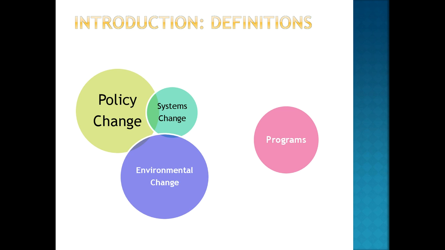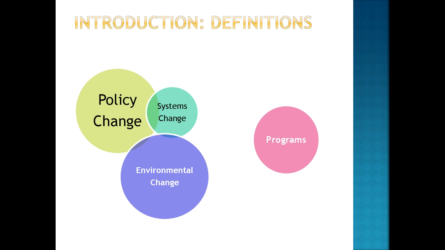Programs are events, classes, direct education, or other things working directly with the community to help increase knowledge and understand different behaviors and how to change them. Programs could be things like health fairs, exercise classes, recycling events, or a one-time run or family day.